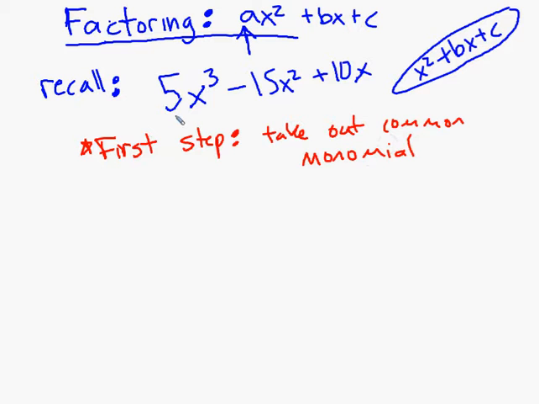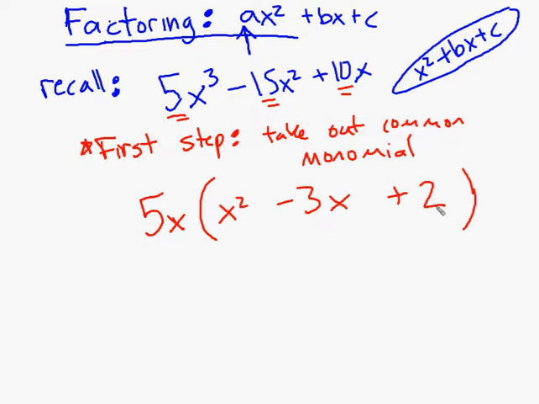So we look at all our terms and ask, what could I divide all those terms by? What could I divide them all by? 5x, which is going to leave what on the inside? It'll leave an x squared, then minus 3x, then plus 2. Okay.